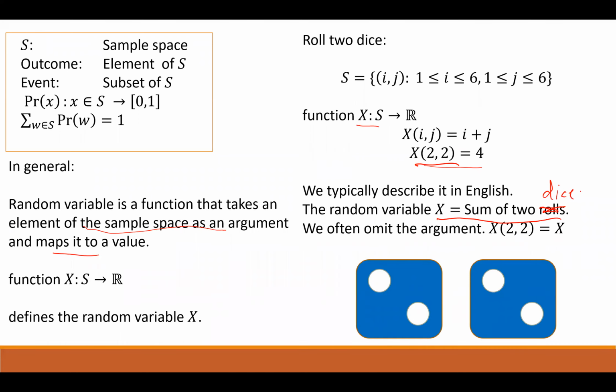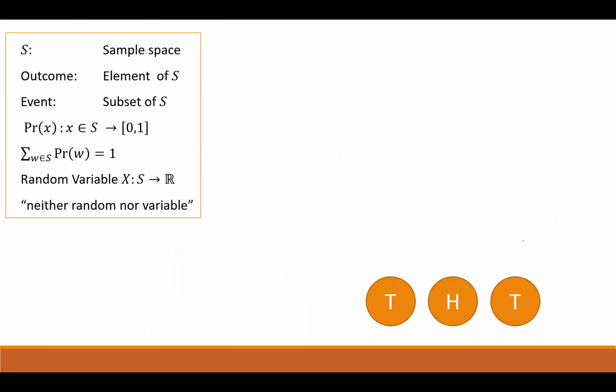Although the proper way to write a function is to supply the arguments, we'll often omit them. We'll just say X, and then that will take on a certain value depending on the outcome. We'll see a bunch of different ways to do it. So that dice roll example is pretty straightforward. We have a function that maps to the sum.